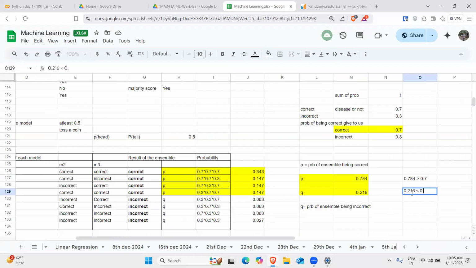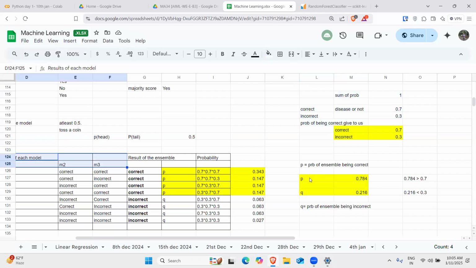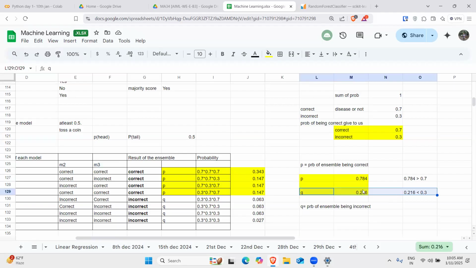That is less than the probability of being incorrect for the original model. So if you take a single model, a single decision tree, your probability of being correct is lower. On the other hand, the ensemble will help you enhance your probability of being correct and decrease your probability of being incorrect. So the difference in probabilities will increase with increasing number of models.